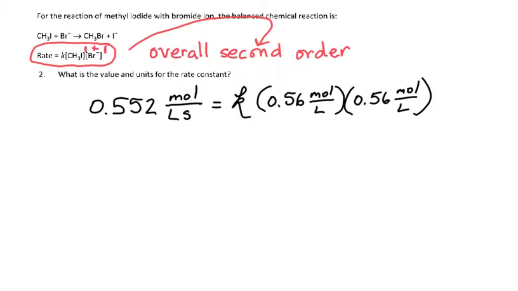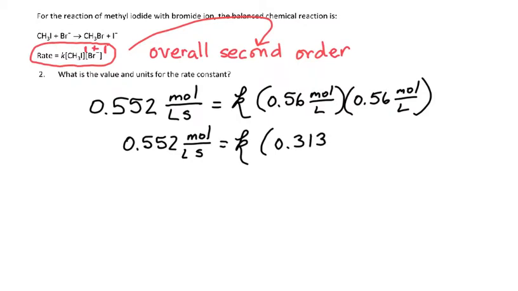So now we're going to do some math. This is just math at this point. I'm going to leave the left-hand side of my equation the same. 0.552 moles per liter second is equal to k times 0.56 times 0.56, which gives me 0.3136.